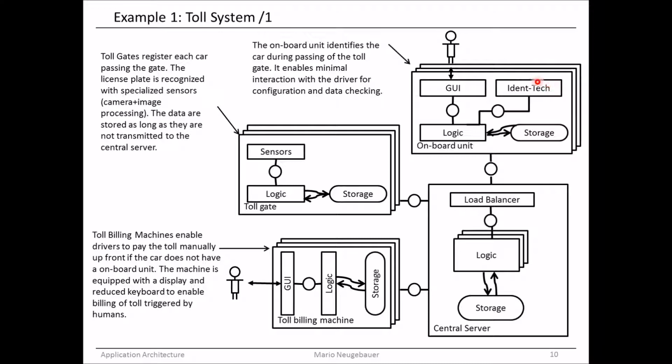You have some identification technology, and this graphical user interface together with the identification technology is connected to some, let's say, small logic on this onboard unit, and this onboard unit is also able to store a small amount of data, and via the toll gate sensors, this identification technology might register at the toll gate as an EasyPass user member, for example, and then the amount of money is deducted automatically.